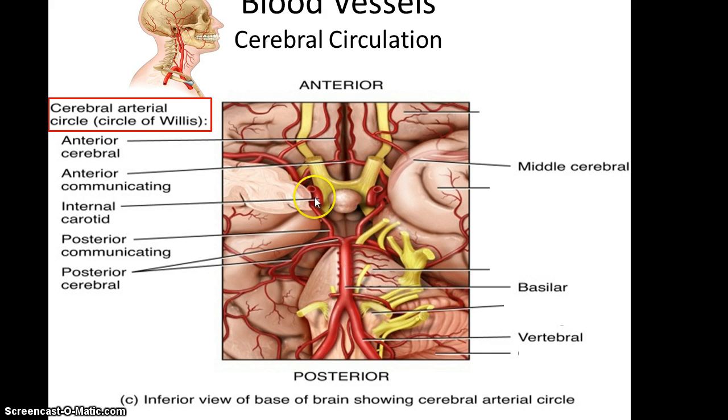And then over here you have the internal carotid artery that's going to branch out into the anterior and middle cerebral arteries. However, you have these special communicating arteries. You have two posterior communicating arteries attaching the posterior cerebral arteries to the middle cerebral arteries, and then another communicating artery, the anterior communicating artery, connecting the two anterior cerebral arteries. And so this forms the circular structure.